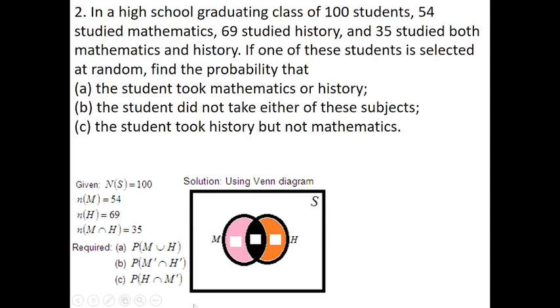Ito yung ating Venn diagram comprising of a rectangle, which represents the sample space. Then we have the event M and event H. Sa event M na to, tsaka sa event H, hindi sila mutually exclusive, dahil meron silang common outcomes, yung both events M and H. 35 yung kanilang common outcomes.